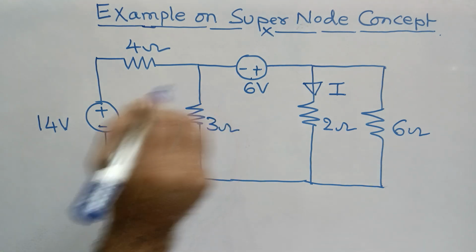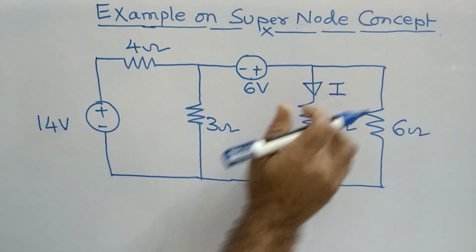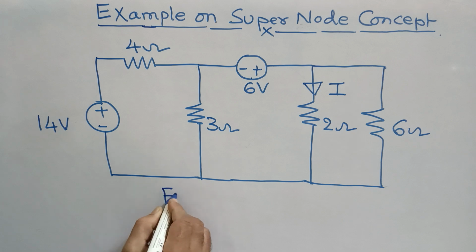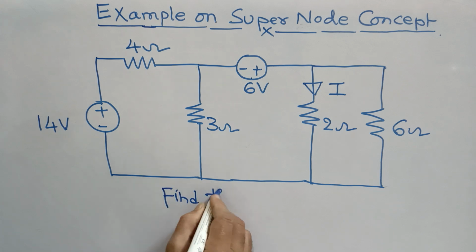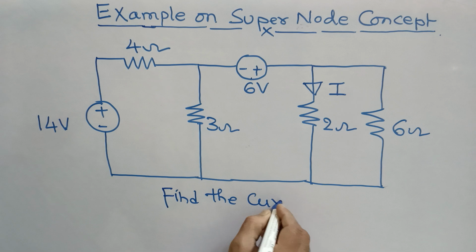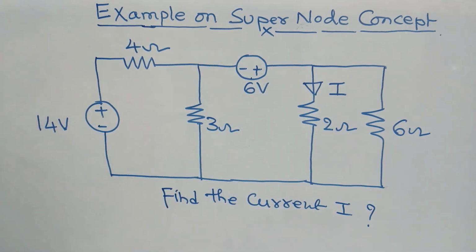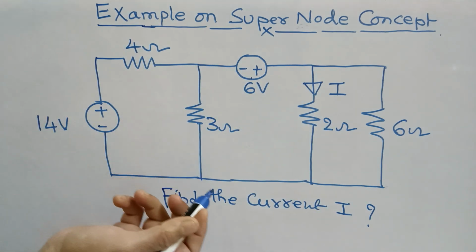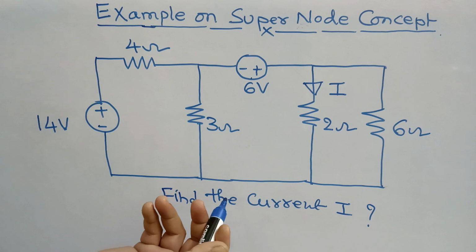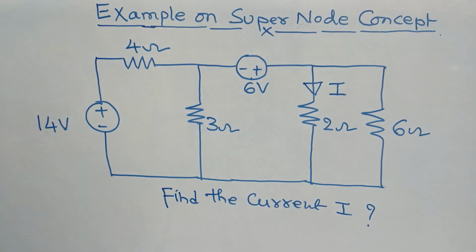The question is: find the current I flowing through the 2 ohm resistor, using supernode analysis or the supernode concept.